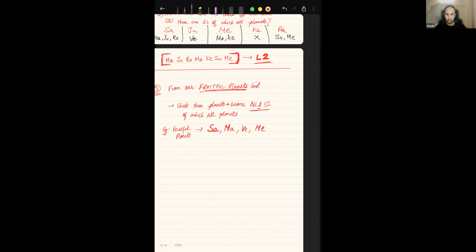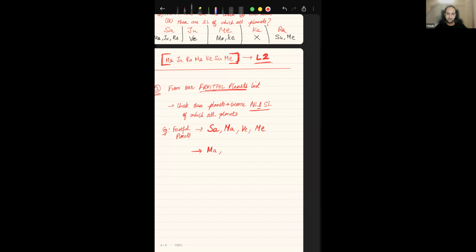Next is Moon, Ketu and Ketu and Saturn. Ketu is not a fruitful planet, therefore no. Next is Venus and Mercury. Are both Venus and Mercury in my list of fruitful planets? Yes. So Mars is an answer here. The first one I need to note down is Mars.